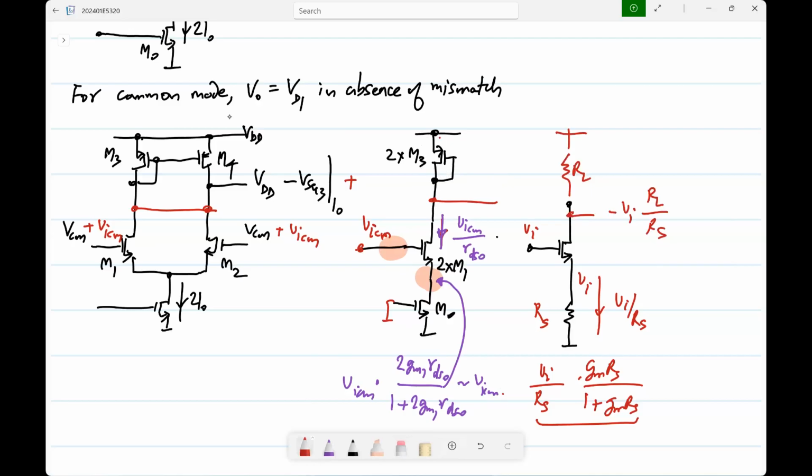So what is the RL that is appearing now? 1 by 2 GM3. There are 2 GM3 in parallel, and they're diode connected, so effectively it's a resistance of 1 by 2 GM3. So the output voltage will be VICM times 1 by 2 GM3 RDS0. Is that fine?